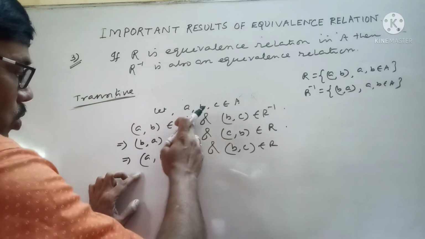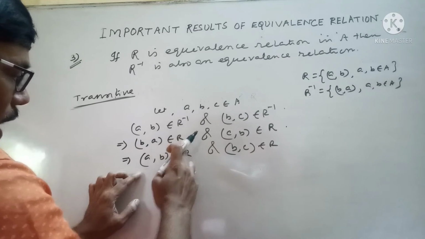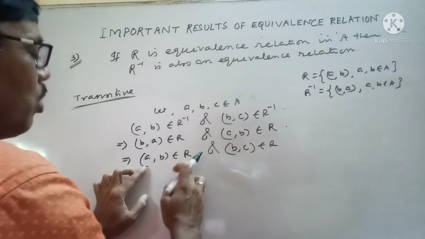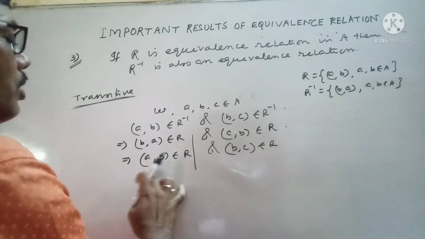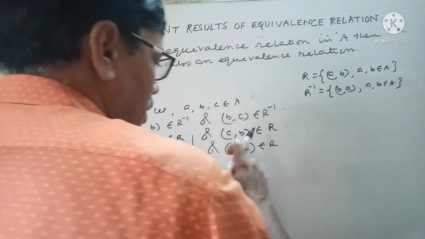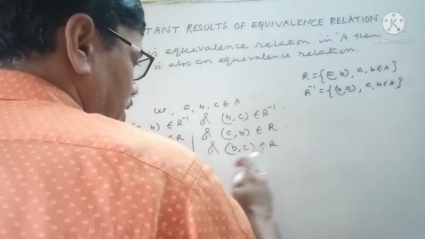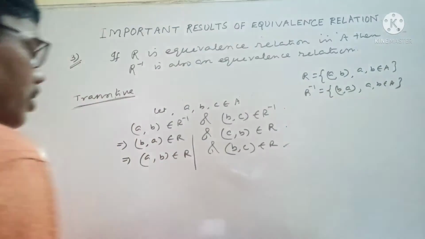AB belongs to R inverse means BA belongs to R. So AB belongs to R because R is symmetric. CB belongs to R, so BC belongs to R. R is symmetric.